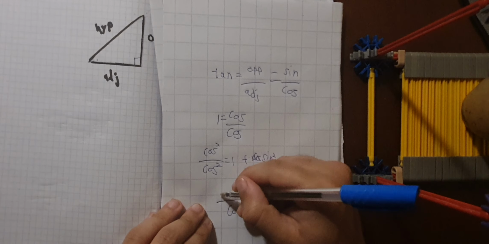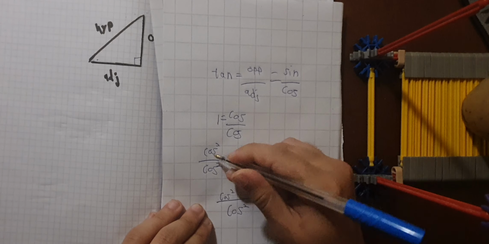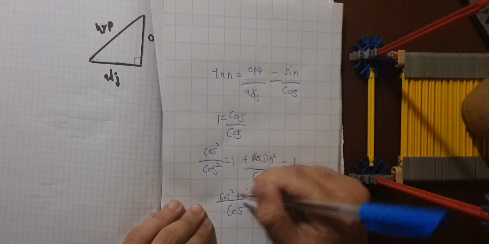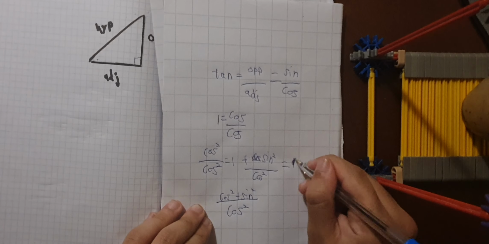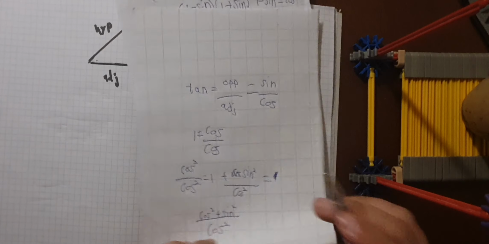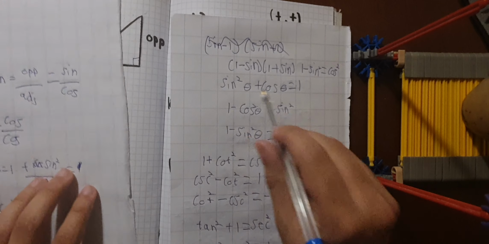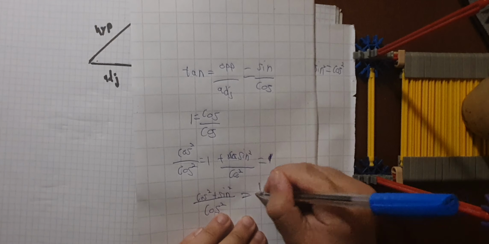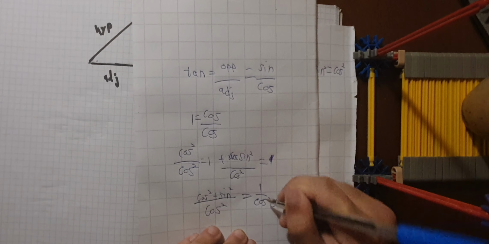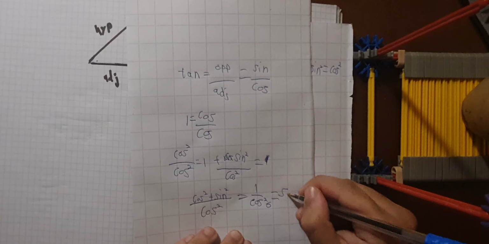Cosine squared, we take it from here, plus sine squared, which is equal to 1, as we said here. So all of this is 1 over cosine squared theta, which is sec squared.